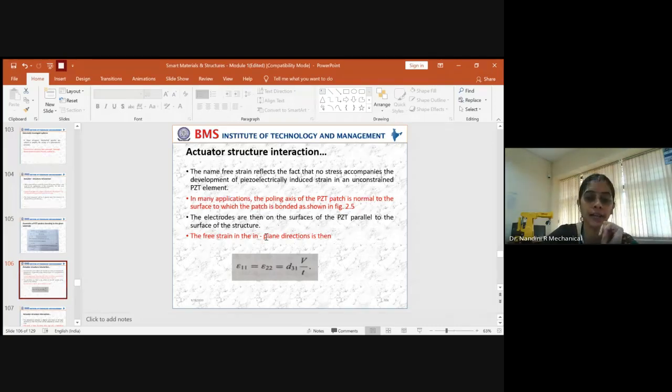Okay. If you follow all these concepts, then the free strain, whether it is across one plane or two planes, will be equal to the same value. This will be nothing but d31, the electromechanical coupling coefficient. The electromechanical coupling coefficient tells you the conversion factor from electrical voltage to mechanical energy, or from mechanical energy to electrical voltage.